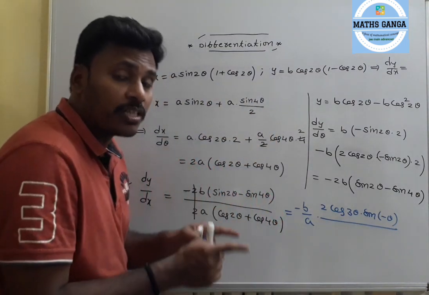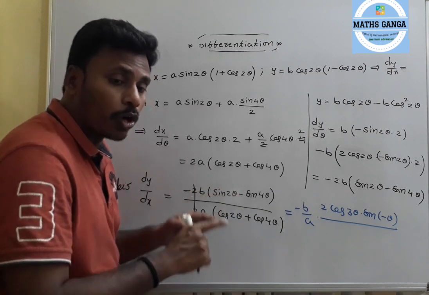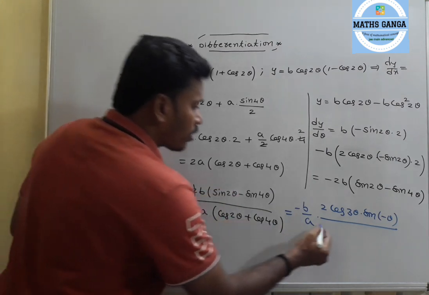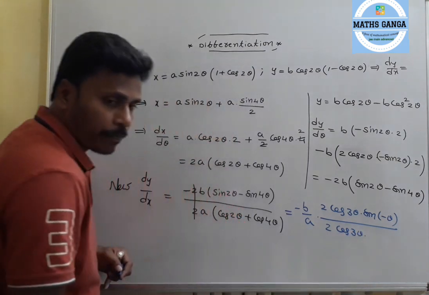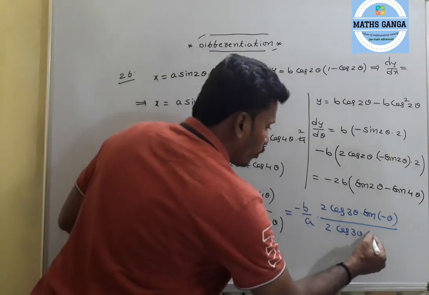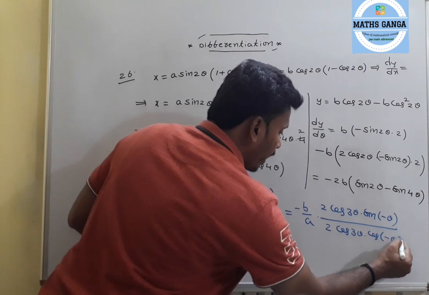Cos c plus cos d is 2 cos of c plus d by 2 into cos of c minus d by 2. Cos of c plus d by 2 is again 3 theta, and cos of c minus d by 2 is cos of minus theta.